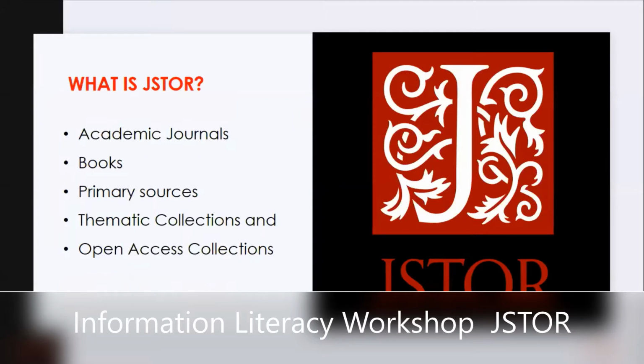So what is Jstor? This platform covers 12 million academic journals, books, primary sources, thematic collections, and open access collections in 75 disciplines with a wide range of academic content, from anthropology to literature to zoology. It has a very strong hold in humanities and social sciences.